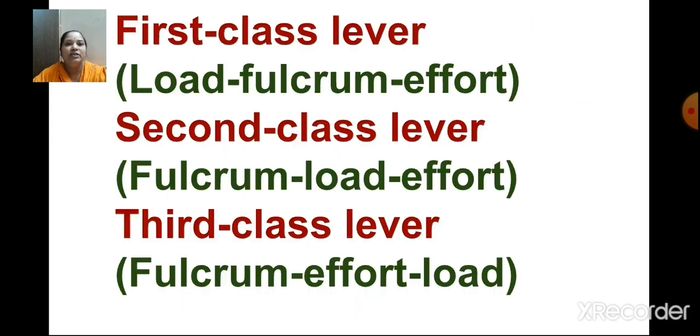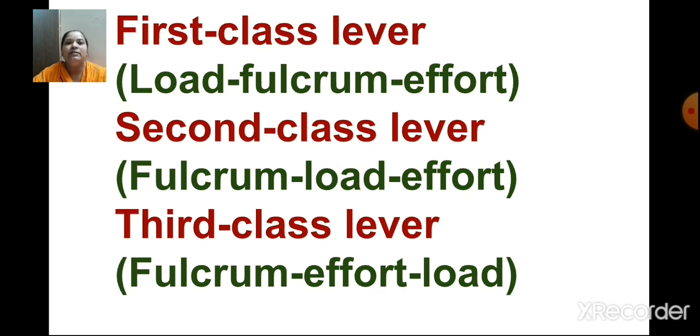In the previous session, we discussed 3 types of lever. Today we are going to discuss the 3 types of lever in detail with examples so that you can understand it properly. In the first class lever, fulcrum is in the middle of load and effort, right?